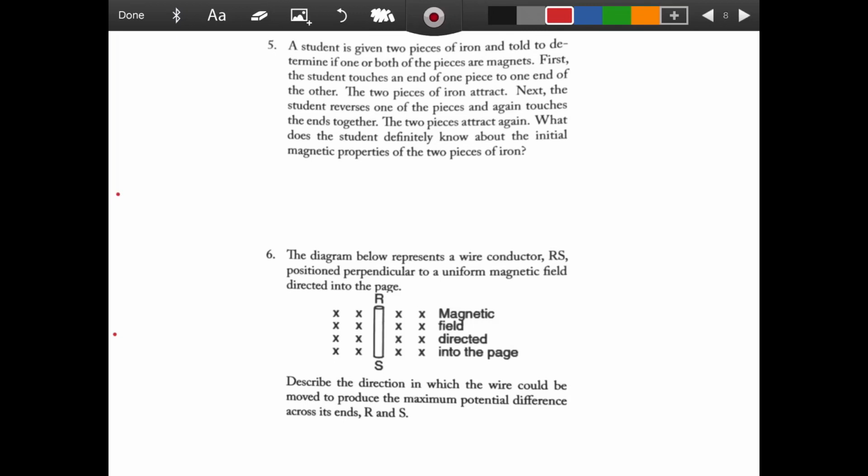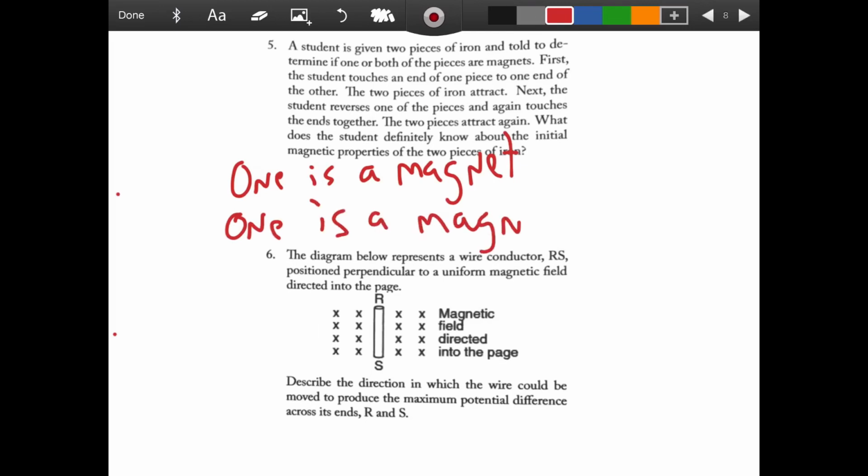Since the 2 pieces attract again, what we can confirm is that one is a magnet and one is something called magnetically attractable. And what that means is that it's just attracted to a magnet. Think about magnets sticking to your refrigerator or different things like that.